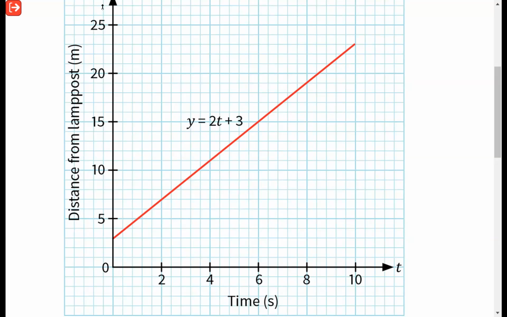What is the unit for the vertical axis? What are the units for the rise? Meters. What is the unit for run? Seconds. What does this horizontal line represent? Divide, right? It is divide. So our final answer, whatever this number is going to be, has units. What are the units? Meter per second.